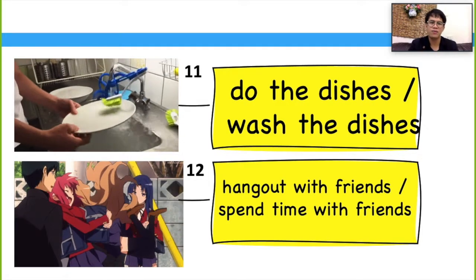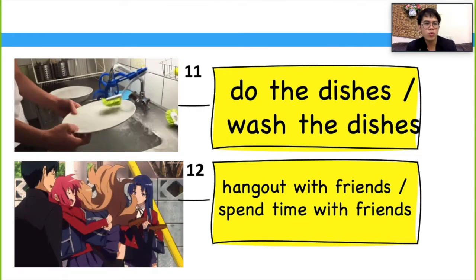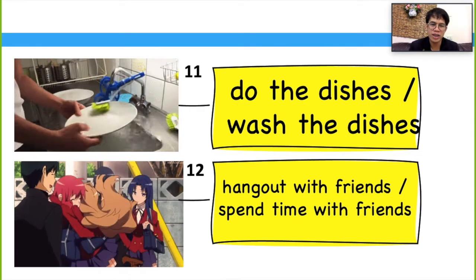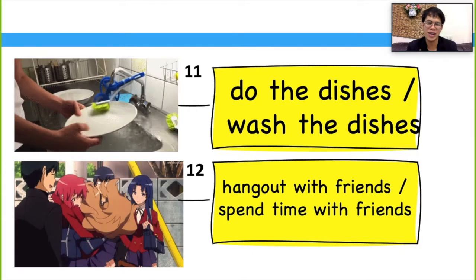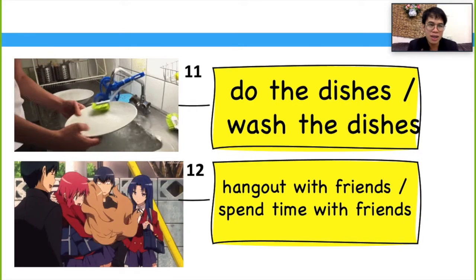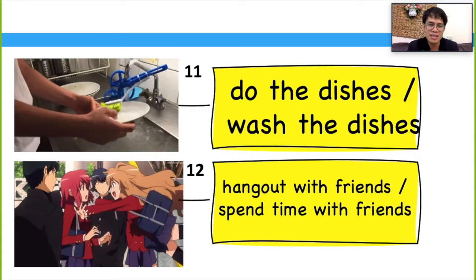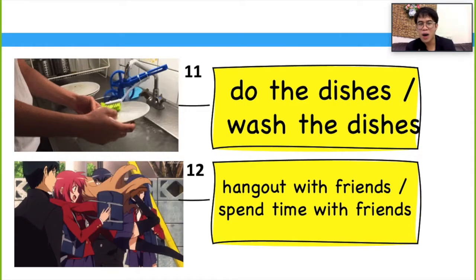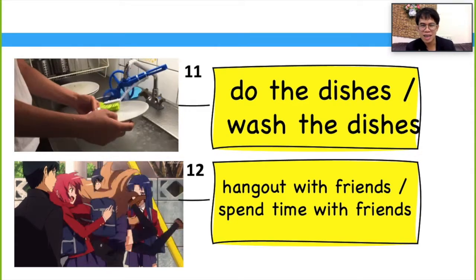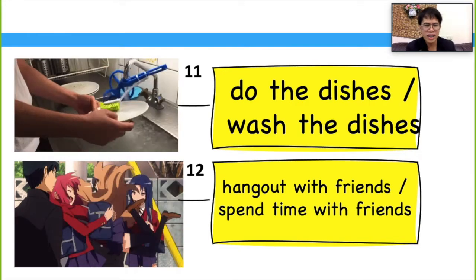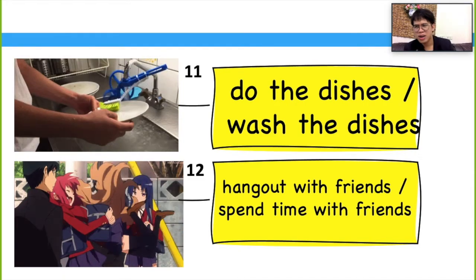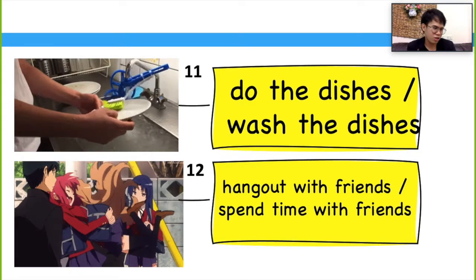Number 12, hang out with friends. Hang out with friends or spend time with friends. Right now we have the pandemic, so I think that it's not easy to hang out with friends or to go out and spend time with friends because most of the time we are inside our house, we are watching movies or we are sleeping.